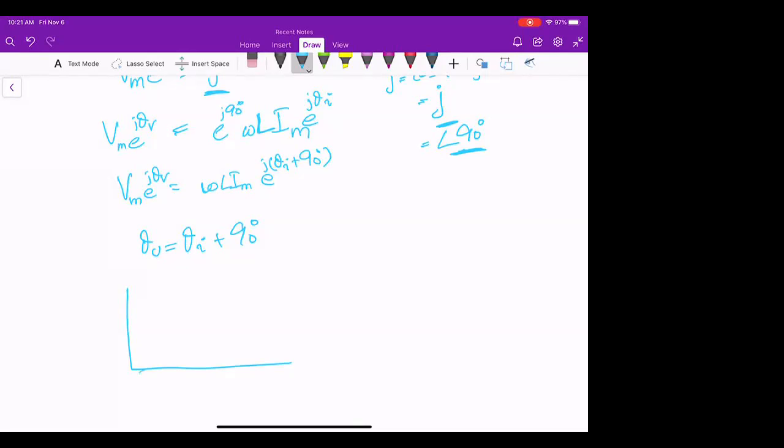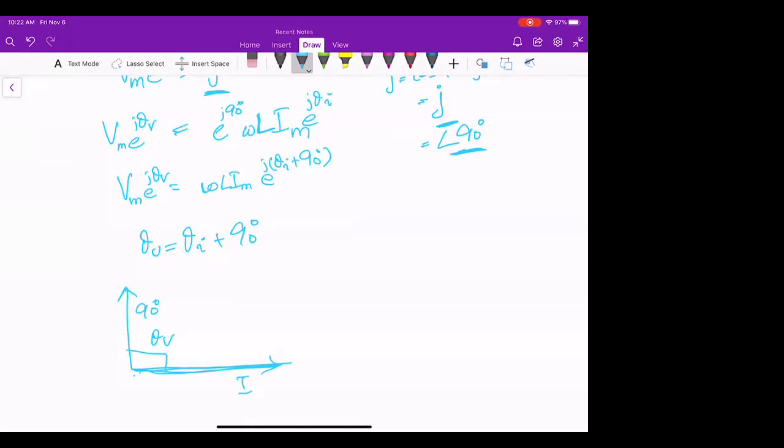So let's say theta i is 0 here, we don't know what the current's angle is, but let's say that theta i is 0, then theta v is 90 degrees. So this will be theta v. So theta v is actually leading theta i in the phasor diagram, which means that voltage is leading current, which actually solves our inductor question.